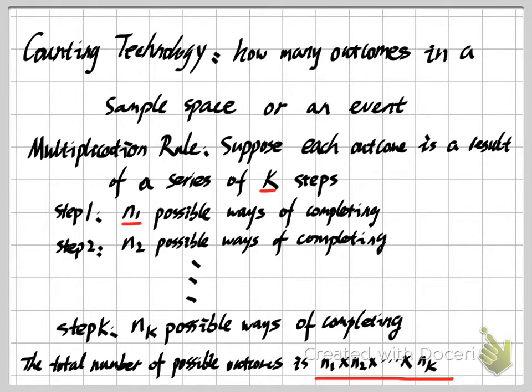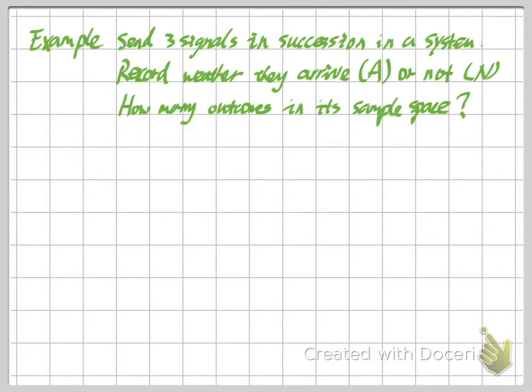Now let me give you one example. The experiment is to send 3 signals in a sequence in a system, and we are interested in recording whether they arrive, denoted by A, or not, denoted by N. The question is, how many outcomes will we have in the sample space?